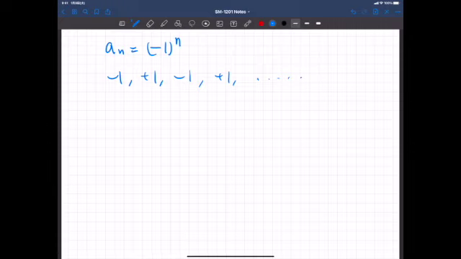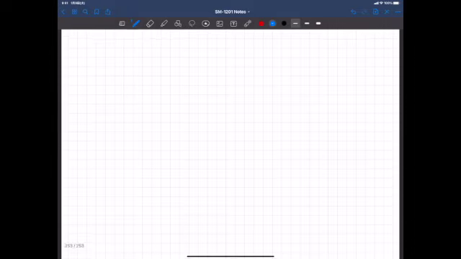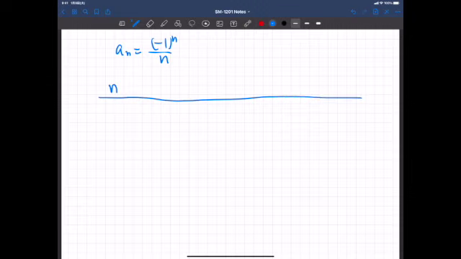So by now, I hope you have some idea about convergence and divergence. But the question now is, what do we really mean by convergence? To consider this question, consider this particular sequence, an equal to -1 to the power of n over n. We've seen this example before, but let's write it this way. Here's n, here's an. When n is 1, we have -1.